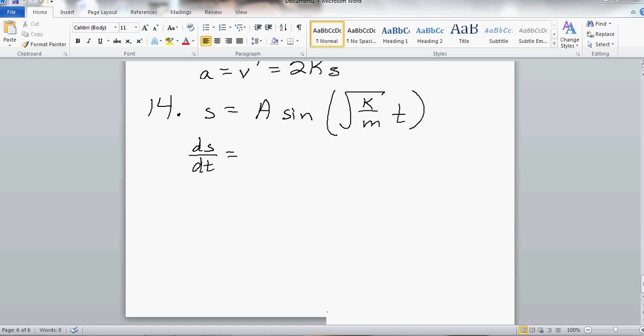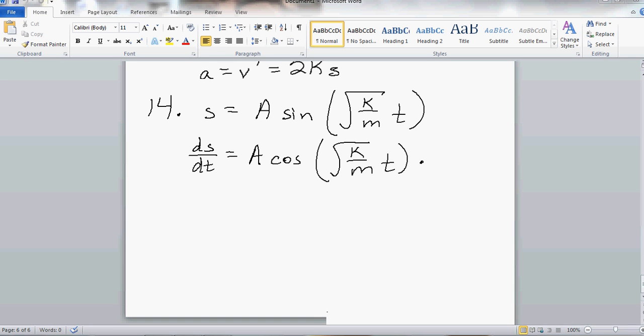So that's going to be a times the derivative of the outside. The outside is sine, so the derivative will be cosine. Leave absolutely everything alone on the inside. But then we have to multiply by the derivative of the inside. Well, the derivative of the inside, thankfully, is fairly nice. It's just, what's the derivative of the square root of k over m times t with respect to t?